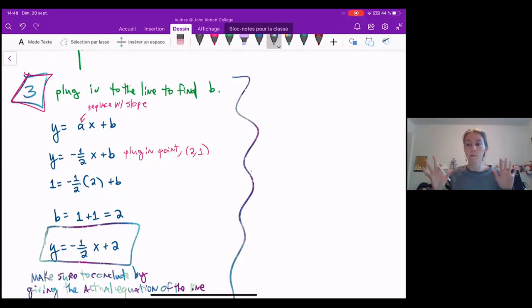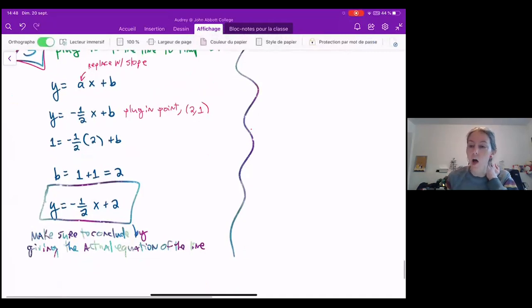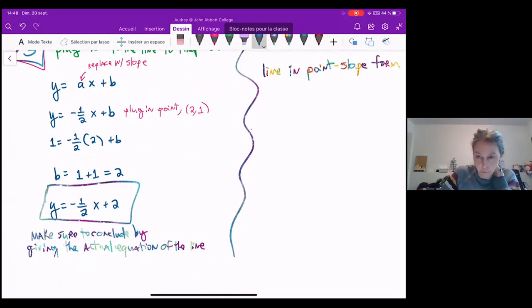So there's another way that we could do this, and honestly, I think that what we just did is probably the most straightforward, the easiest, but sometimes you'll be specifically asked for the line in point slope form. A line in point slope form would be like y minus y1 is equal to a times x minus x1.